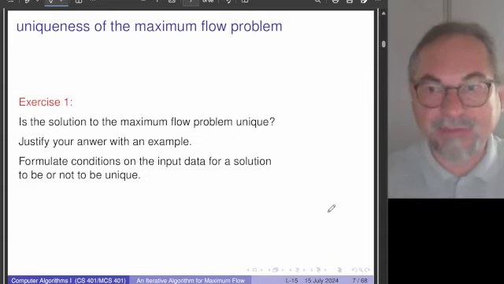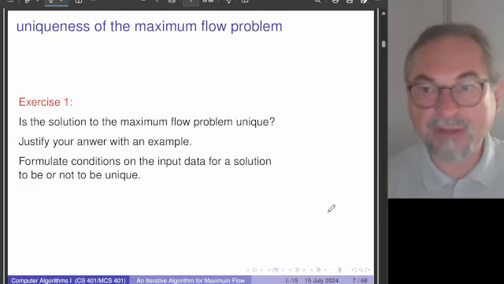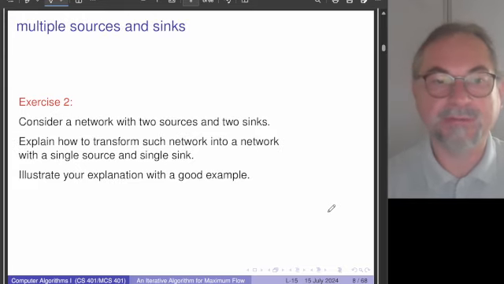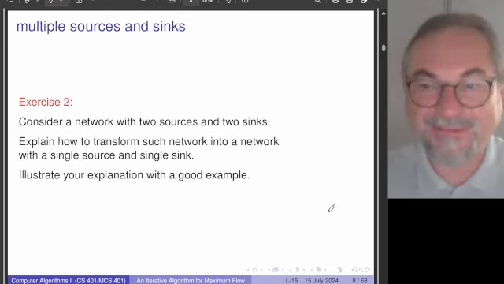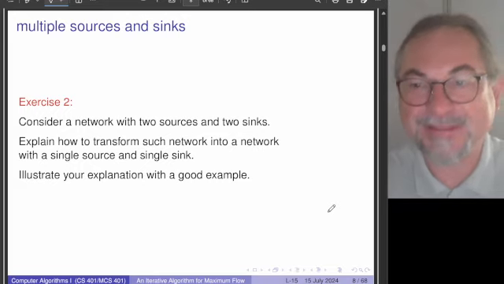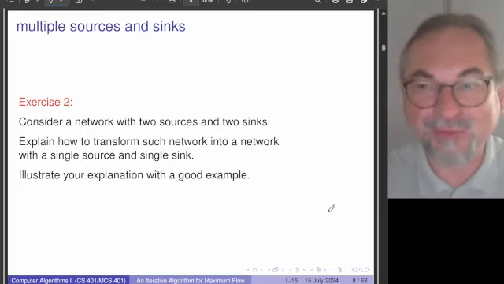And this happens when the capacities have all the same numbers. It doesn't happen if the numbers are all different, sufficiently different. Okay, so one source, one sink. Well, if you live in a one-bedroom apartment, even that may not be true.